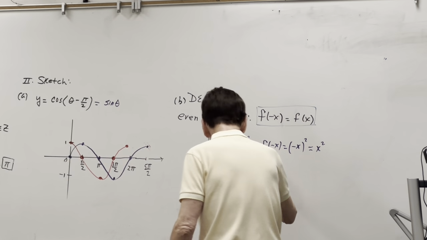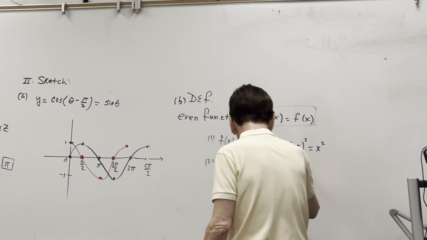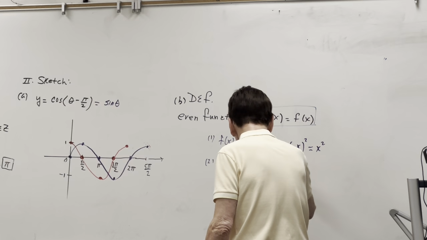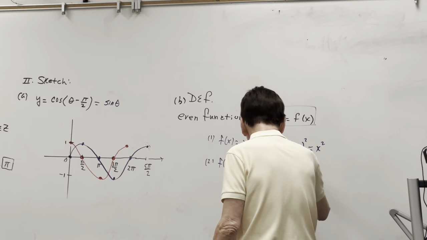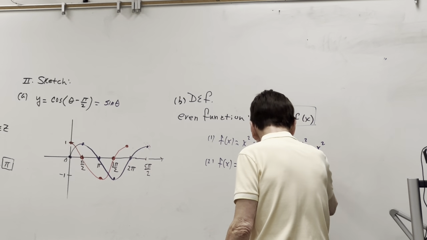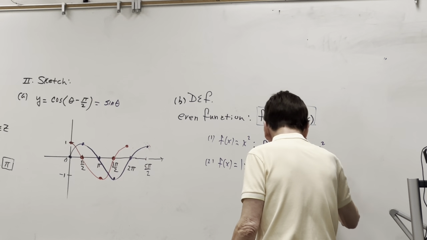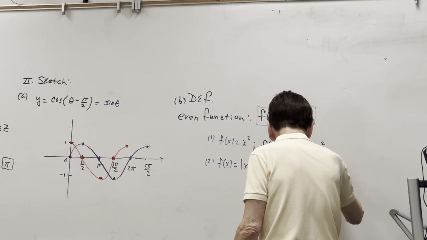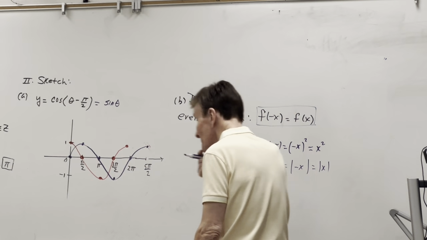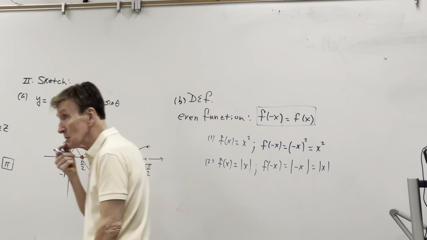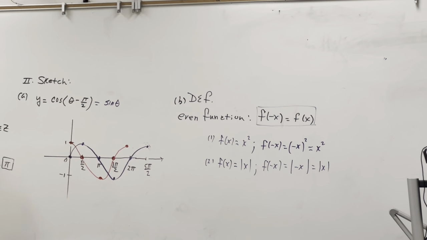And if I try this definition, f of a negative x, I go inside there and replace x with a negative x in his function. Can I go ahead and call that just this? Are they equivalent? Does it take me back to the original? So if you have a function that you replace x with a negative x throughout, simplify it and it takes you back to where you started, it's an even function.